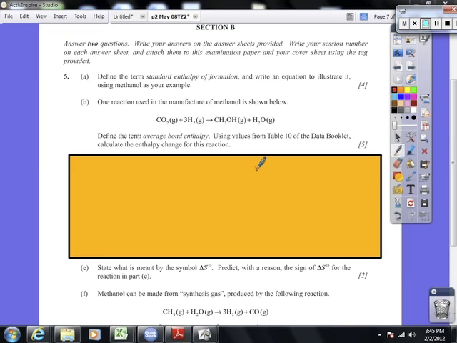Reaction used in the manufacture of methanol given, and it asks you first of all to find the average bond enthalpy.